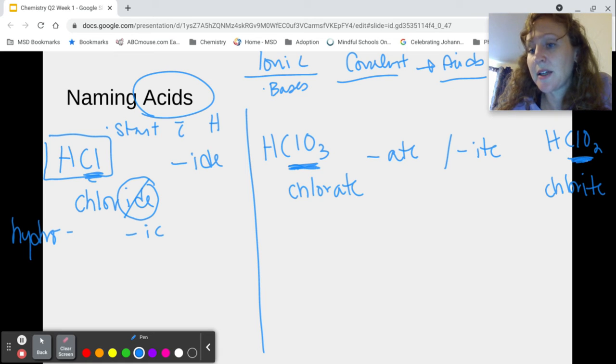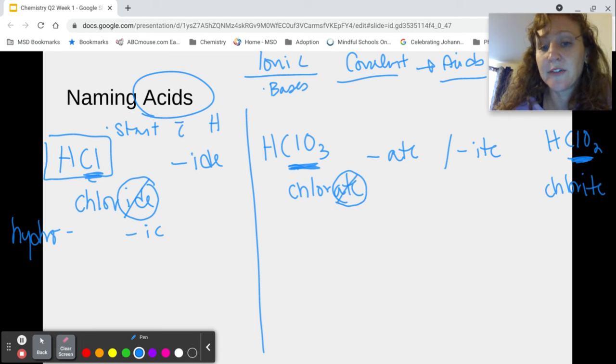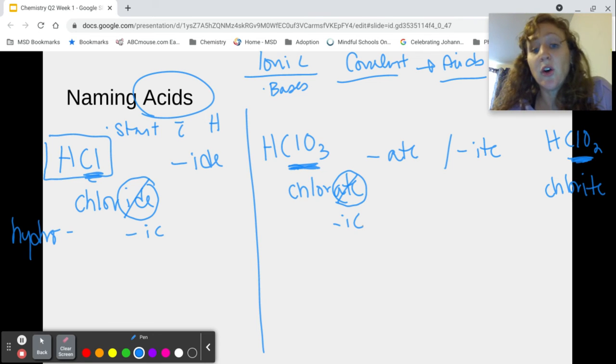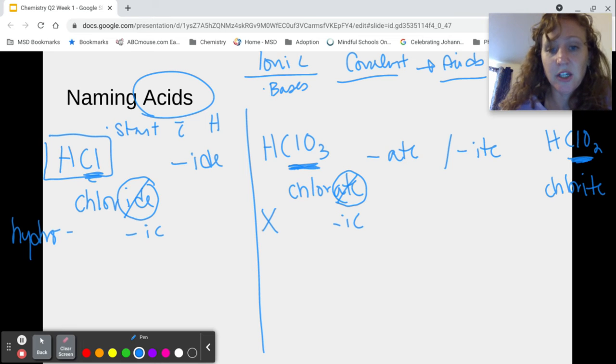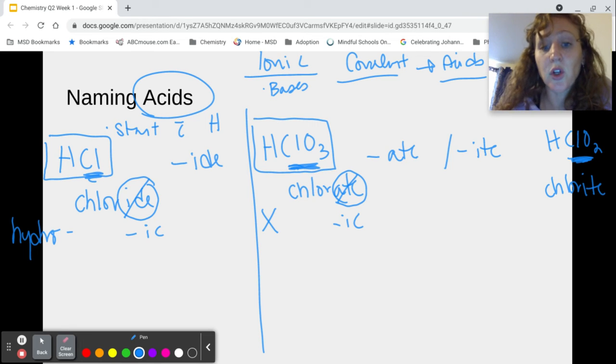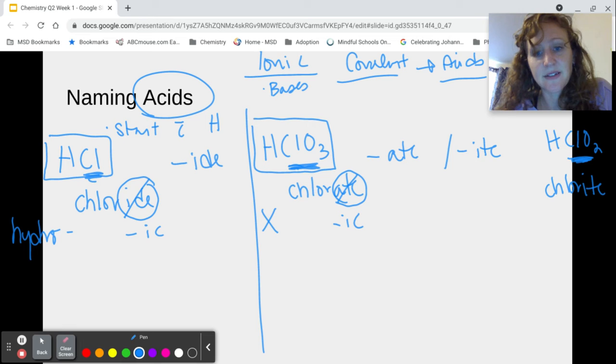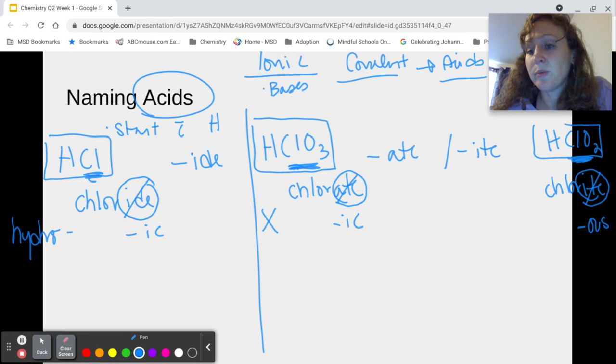HClO2, the anion is chlorite. If you have an anion that ends in "ate," you're going to take the "ate" off and just add "ic." Notice there's no prefix in this case. So HClO3 is chloric acid. If it ends in "ite," you're going to take the "ite" off and give it the ending "ous." So HClO2 would be chlorous acid.